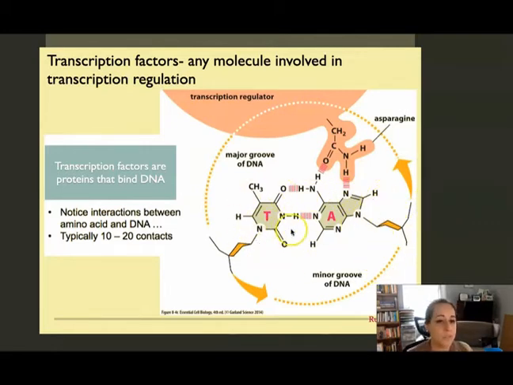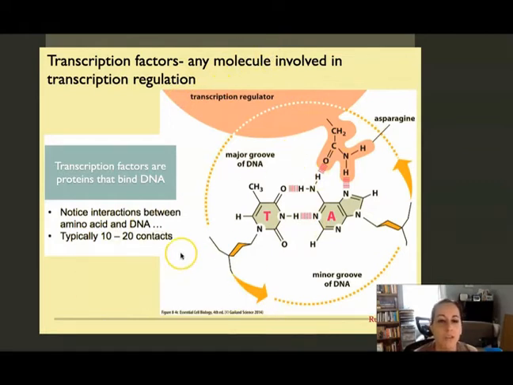And so we don't see a lot of the DNA. The circle kind of represents the extent of the helix of the DNA, but we do see these two base pairs, and we see that this transcriptional regulator is forming hydrogen bonds with these base pairs. And so this is only one part of the interaction between this protein and the DNA.